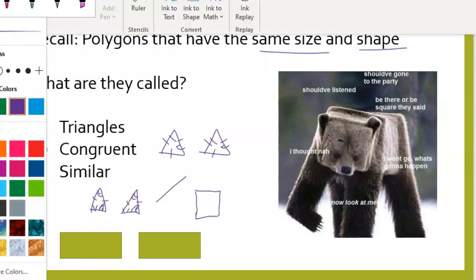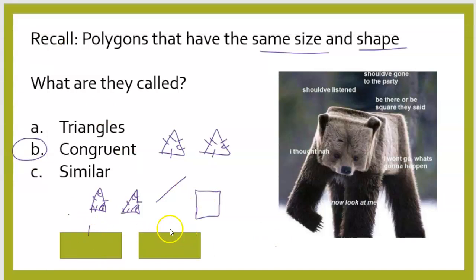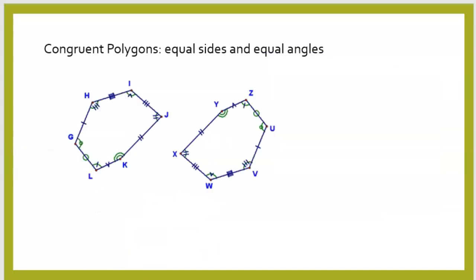Congruent rectangles: same size, same shape. Here's an example of congruent polygons. Remember, it can be any polygon, with equal sides and equal angles.